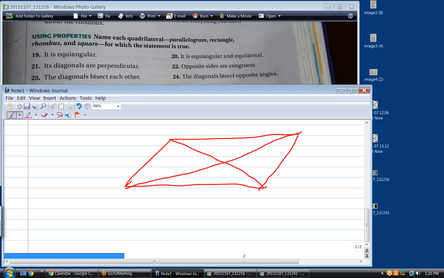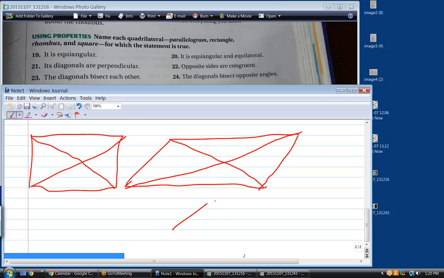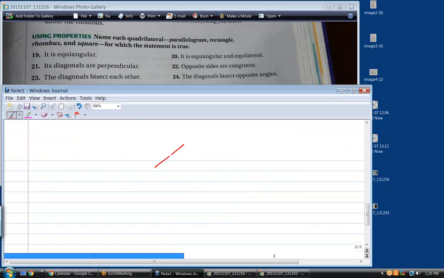They do. For a rectangle, they do. For a rhombus, I'm going to draw it like a parallelogram with equal sides. I already know they do for a parallelogram, so they must for a rhombus. And they will for a square as well, but they don't for a kite, notice.